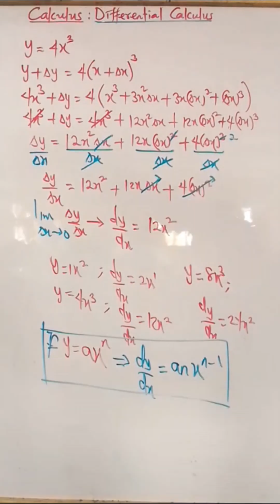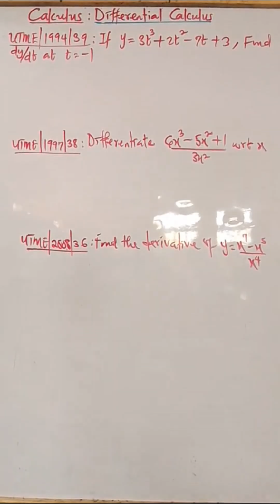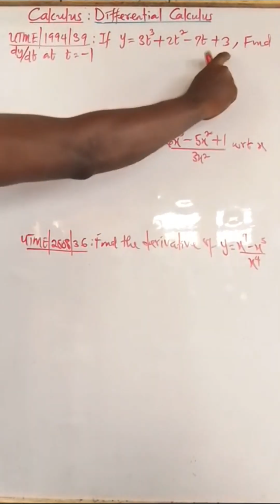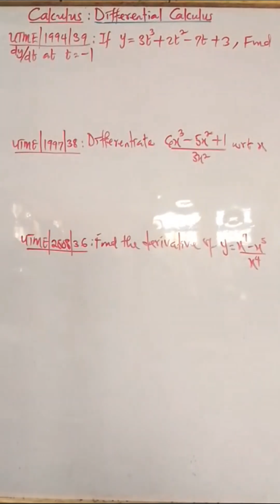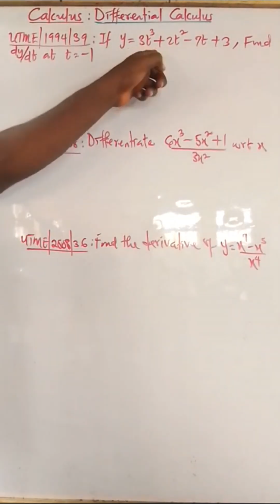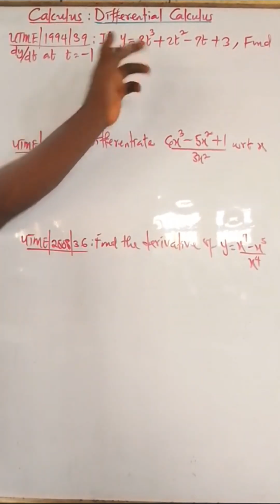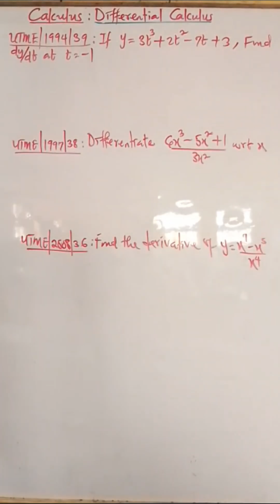Let's take some examples. Now consider the following questions. Here we are told, if y equals this, find dy dt. This time around it means y is a function of time, or function of t, here at t equals minus 1. So we are going to apply the shortcut to first principle.